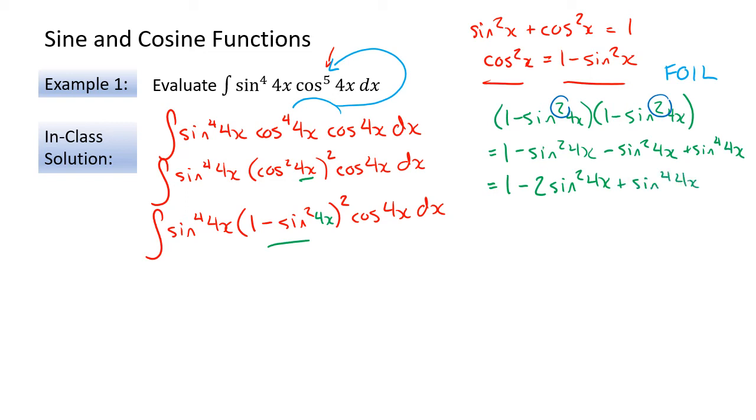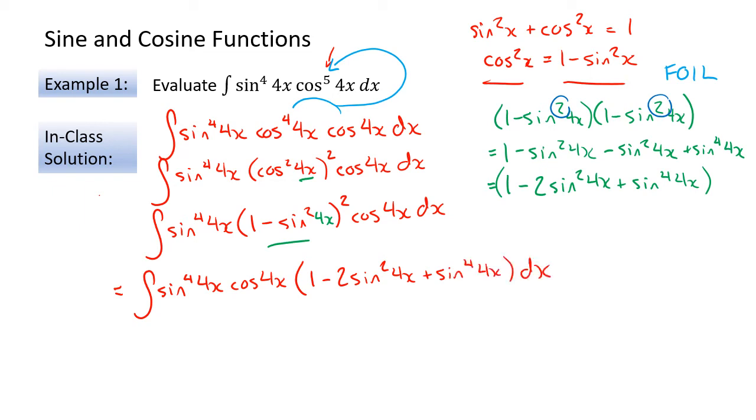Okay? So this is going to look very long when I substitute this in, but then we'll simplify it out and you'll see that it ends up with multiple integrals that we know how to solve. So if I substitute that in, I get the integral of sine to the exponent 4 of 4x cosine of 4x, and then substituting everything in the brackets, 1 minus 2 sine squared of 4x plus sine to the exponent 4 of 4x dx.